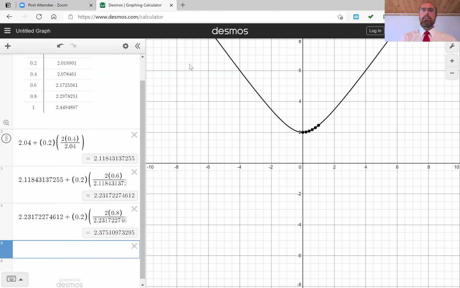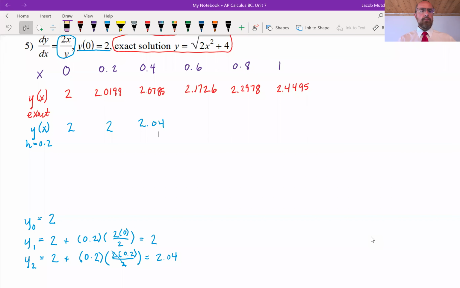And this will give us an initial comparison. How does my approximation compare to the exact values? So what we'll add to our table here, we had 2.04. At 0.6, we'll have an approximation of 2.1184.